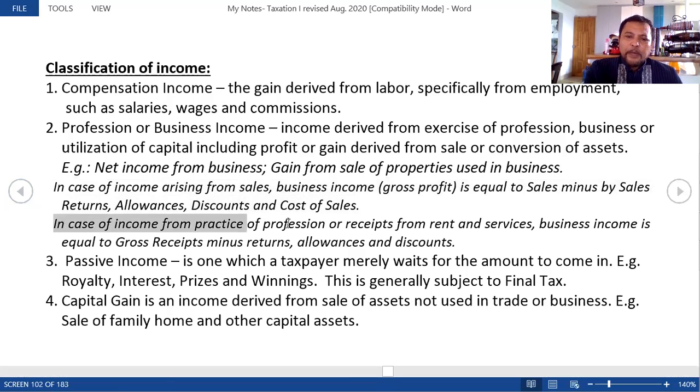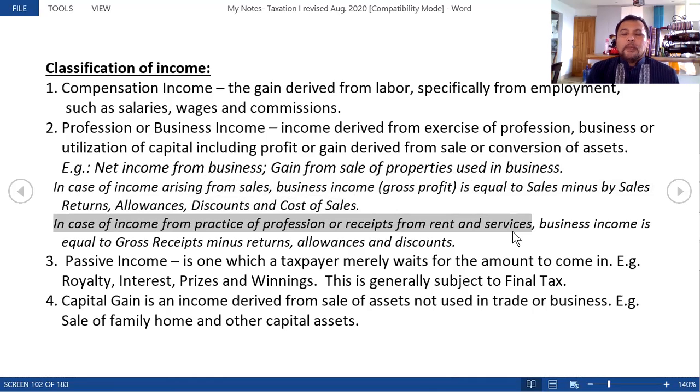In case of income from practice of profession or receipts from rent and services, so a taxpayer is a practicing lawyer, for instance, or he has business from rent or from services. Or if he is a professional singer, so his singing prowess will give him income.